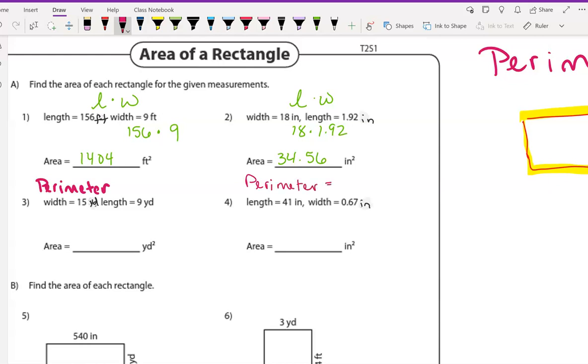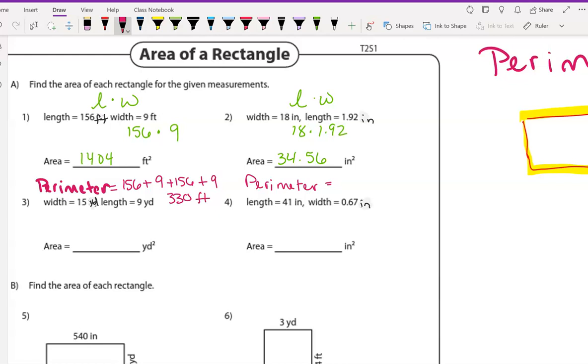Now remember, perimeter is just L plus W and L plus W. So if I look at this, this is going to be 156 plus 9 plus 156 plus 9. When you solve that, you should get 330 feet.